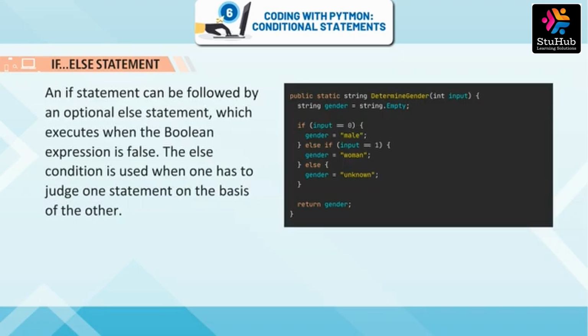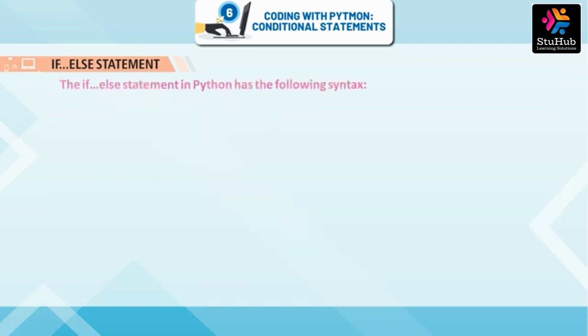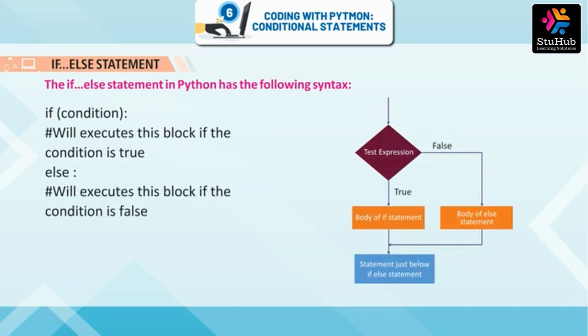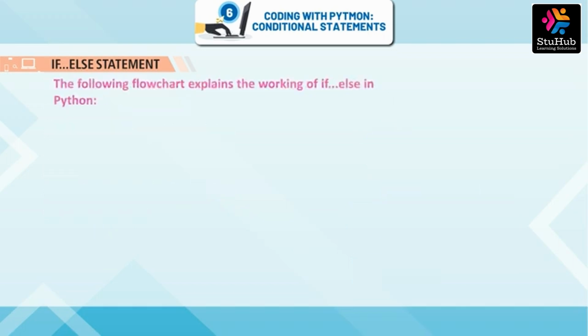If-else statement. An if statement can be followed by an optional else statement, which executes when the Boolean expression is false. The else condition is used when one has to judge one statement on the basis of the other. The if-else statement in Python has the following syntax: if condition: execute this block if the condition is true, else: execute this block if the condition is false.